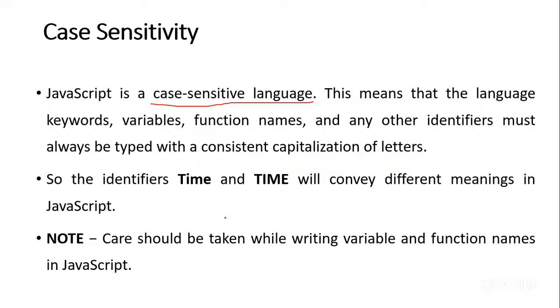For example, if you have the variable name time, and you create another variable name Time, where only the first letter T is capital and the remaining are lowercase, this Time is completely different from this time. Not equal. This is how JavaScript treats them internally. That's why we must take care while naming variables or functions.